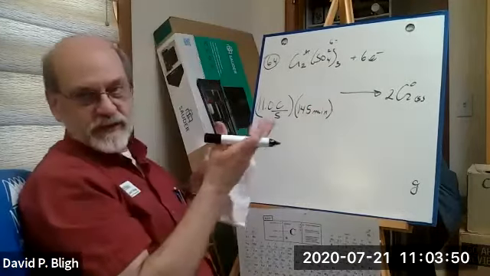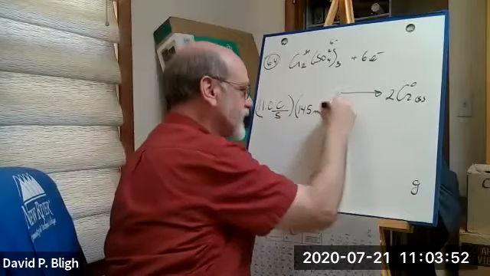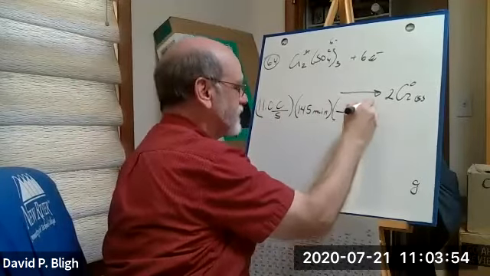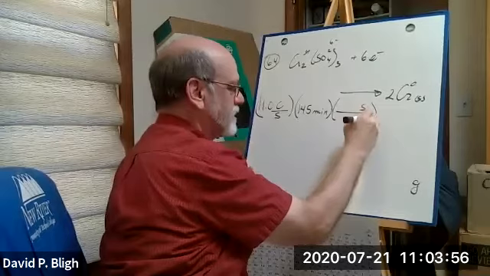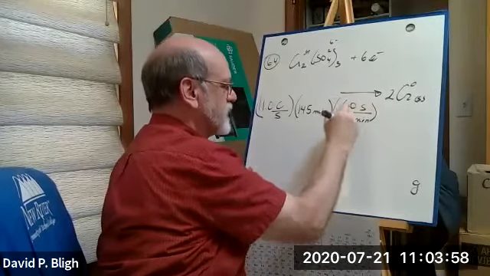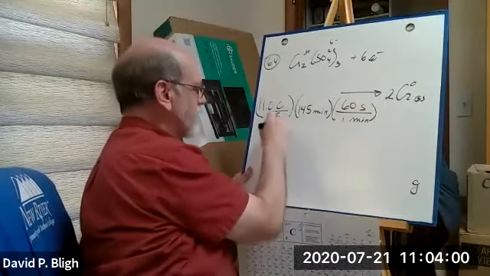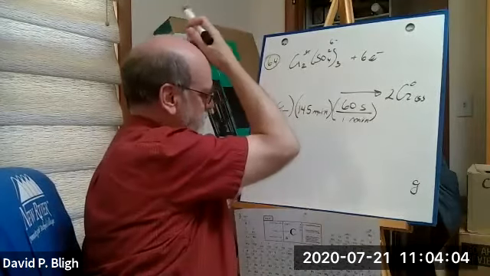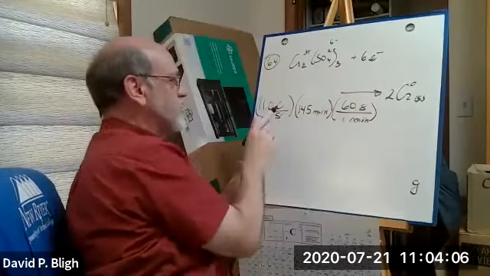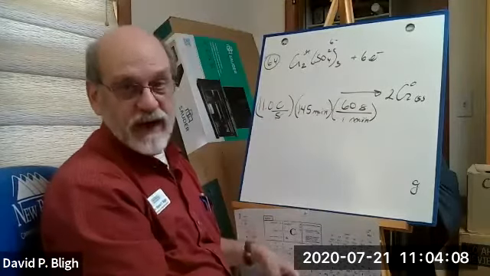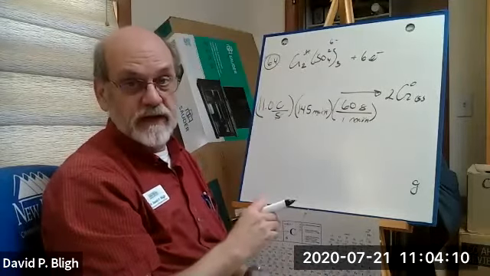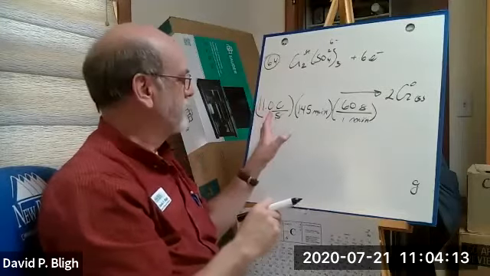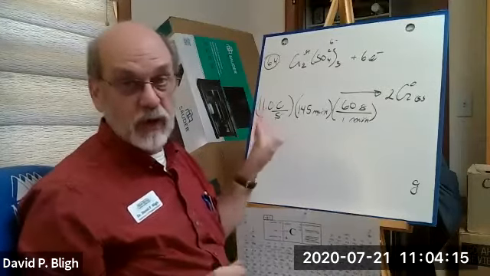But that's not seconds, right? So we got to convert it to seconds. 60 seconds per minute. There we go. So we got that term canceled out. That one canceled. And now we're down to the total amount of charge that is supplied in that amount of time. That's charge. That's not moles of electrons.